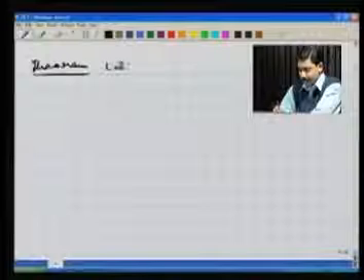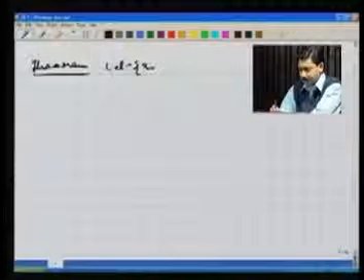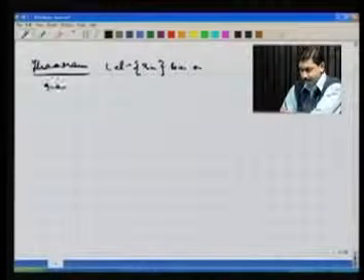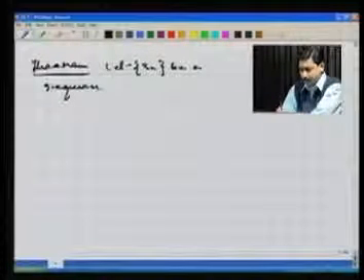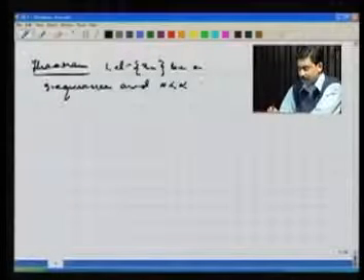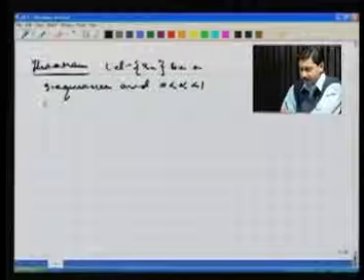Let xn be a sequence and 0 strictly less than alpha strictly less than 1 is given.